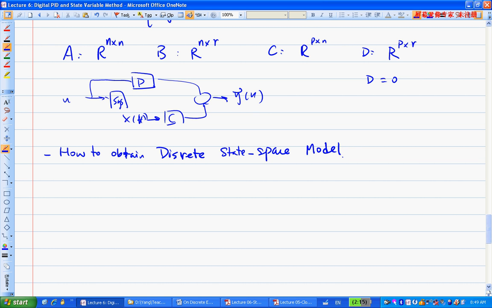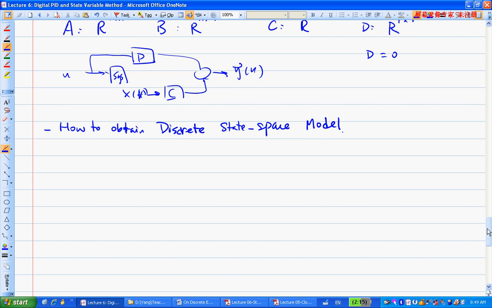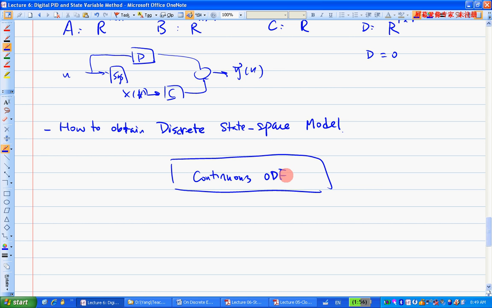How do you obtain the discrete state space model? This is like getting a discrete equivalence, like in the previous case. And here's your continuous system.